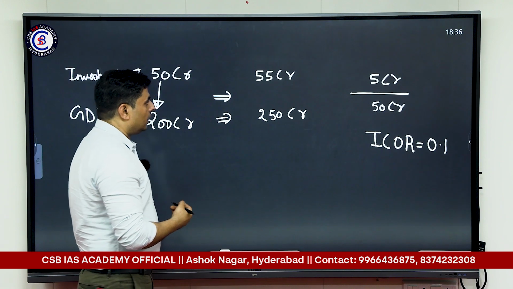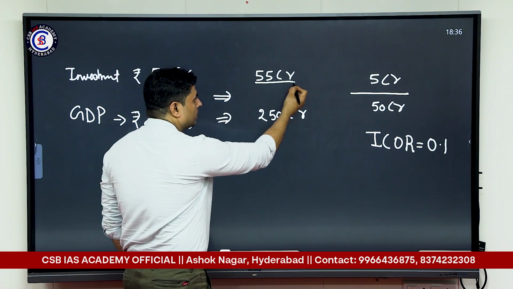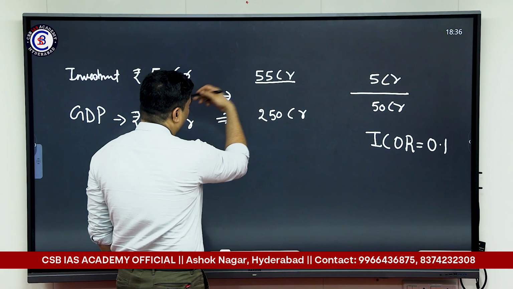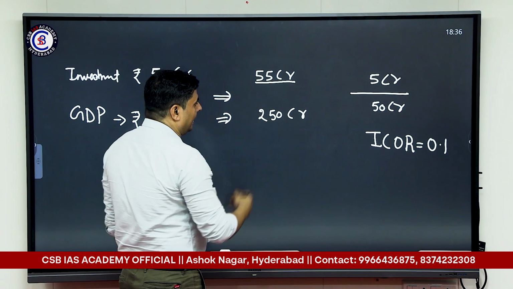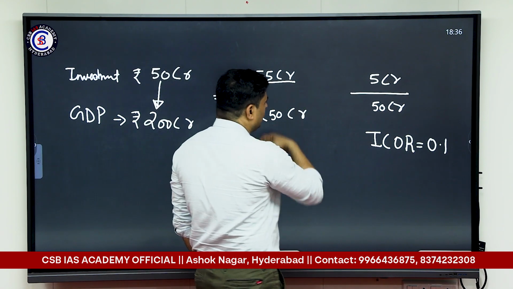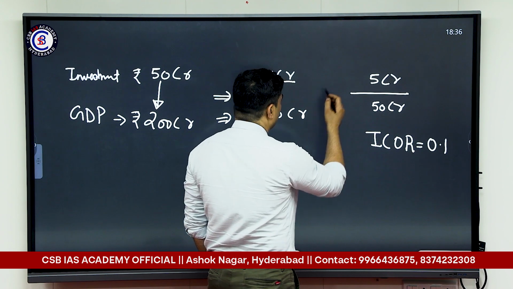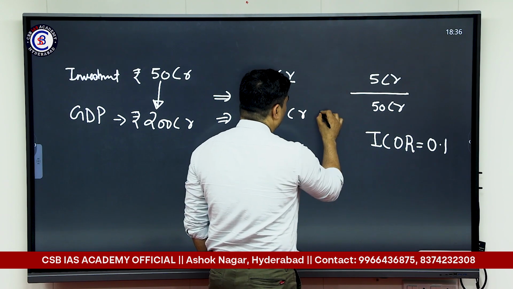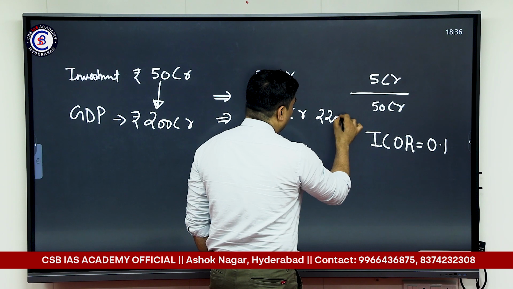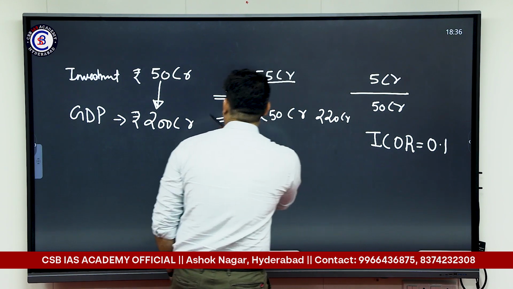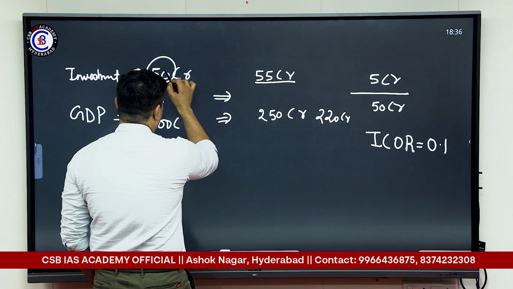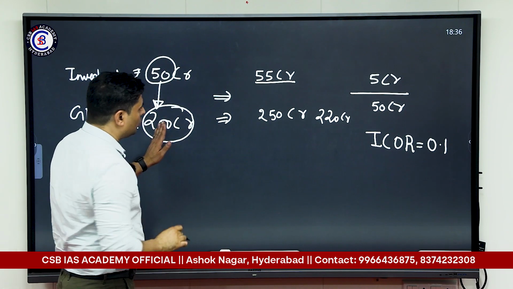Now, suppose we have made the investment from 50 to 55 crore, whereas the GDP is only 220 crore. When you have 50 crore, the GDP is 200 crore.